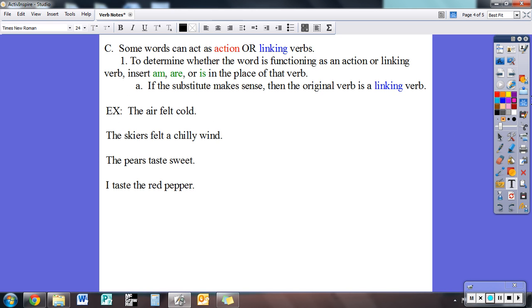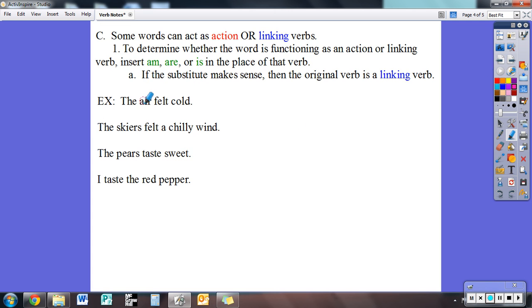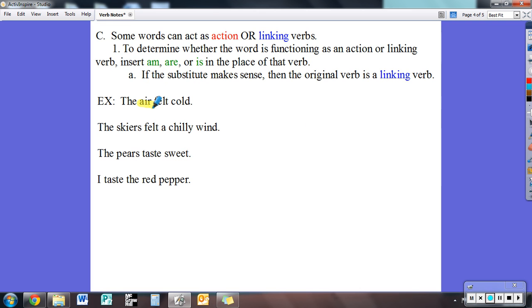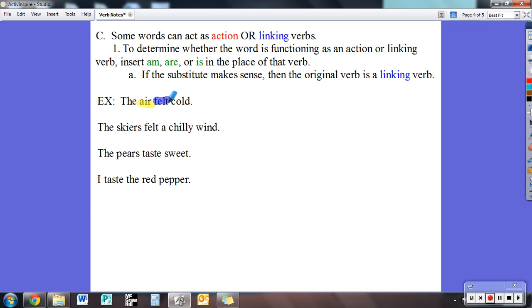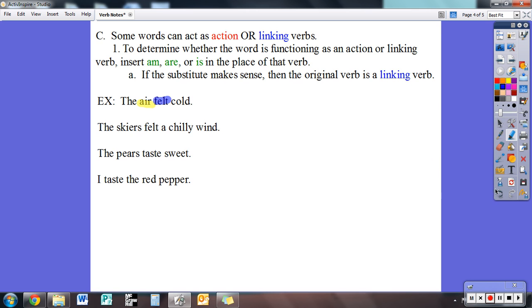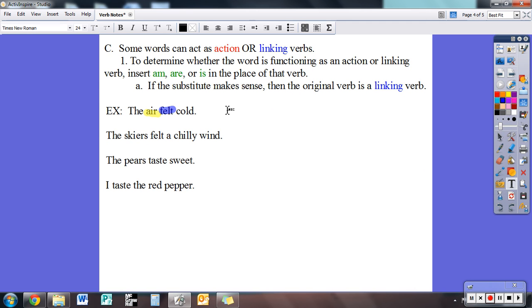Okay, so first one, the air felt cold. My subject is air. My verb is felt. Now, I'm not sure if this is going to be an action or a linking verb.